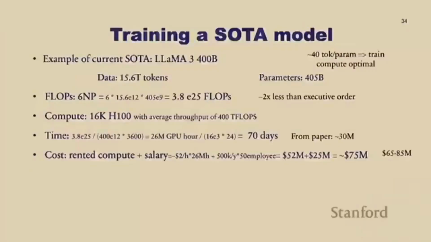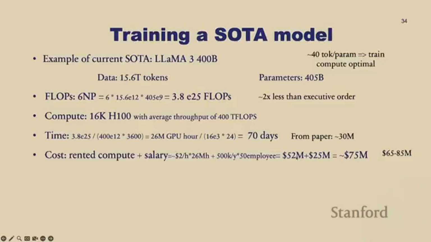Cost: it's hard to approximate, but I'm just going to say it's kind of the rent. What if I were to rent that many H100s for that many days? How much would I pay? A lower bound on the renting cost of an H100 is around $2 per hour. If you multiply this by 26 million hours, you get $52 million.